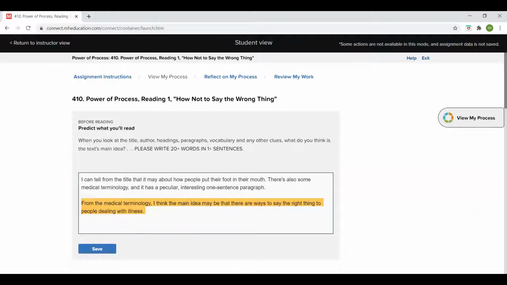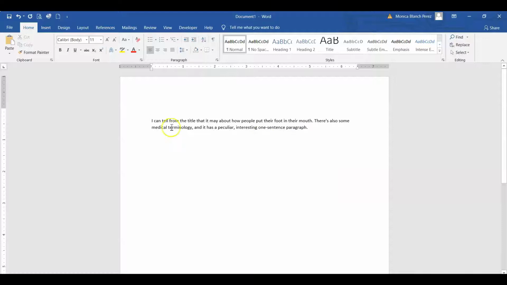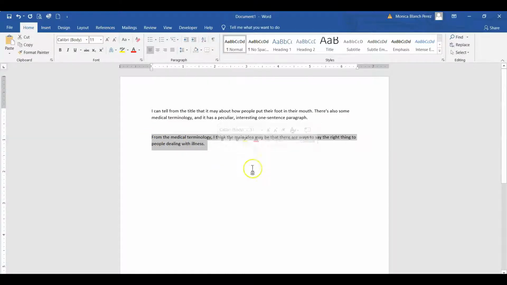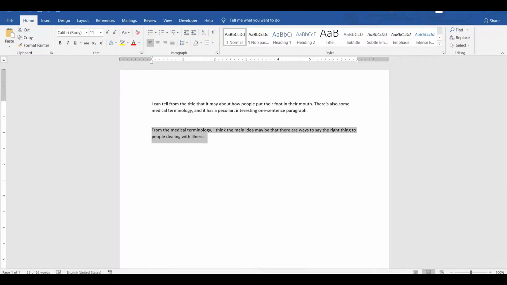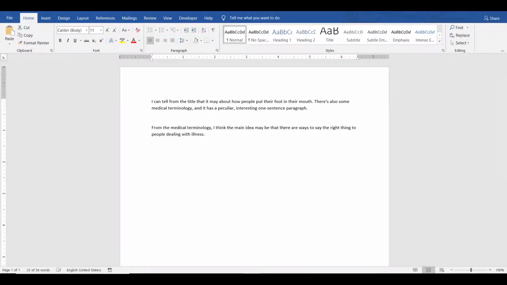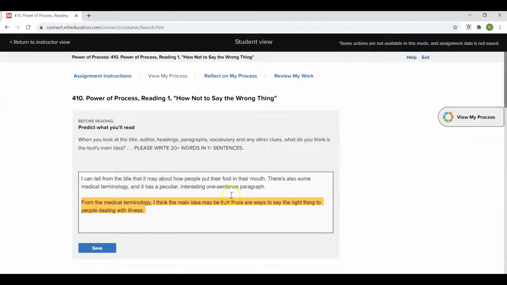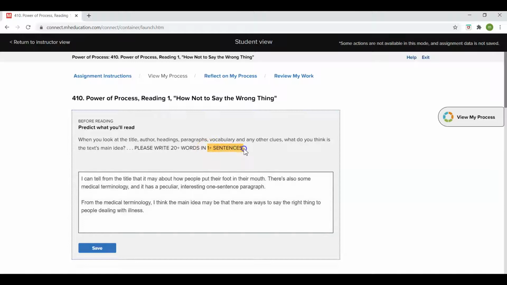Now I can copy it, or I can go back to the Word document that I said I wasn't going to open, but I see how useful it is. So here's the second one. And did I make the 20? I think I did. Let's see. Yeah, 25. Okay, it is 25 words long. And so it does cut it, right? It meets the requirement, and it says that it should be one or more sentences.